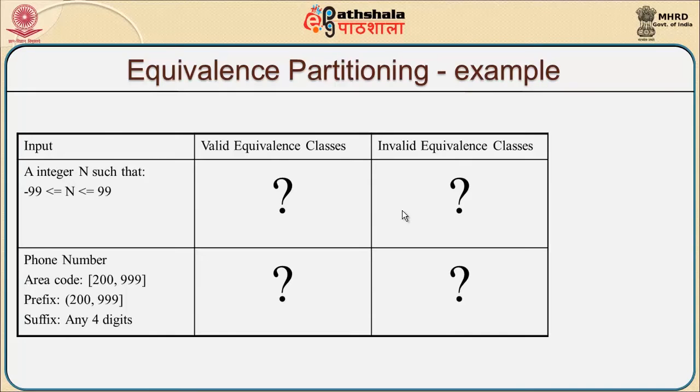So, let us look at equivalence class partitioning with an example. Given an input, an integer n between the range -99 to +99, what are the valid equivalence classes and what are the invalid equivalence classes? Likewise, we will consider another example, a phone number, where we mention an area code, a prefix, and a suffix.